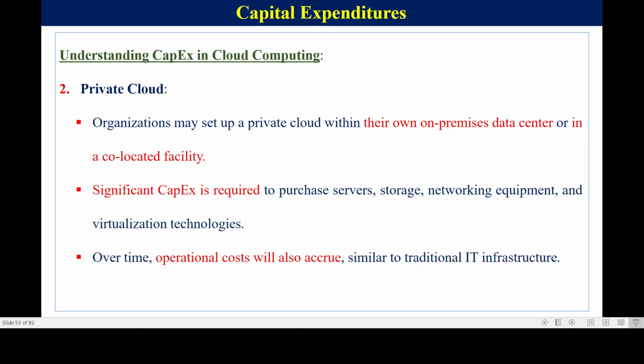Instead of using public cloud infrastructure, they build their own private cloud to have complete control over the data. Capital expenditure impact: a private cloud requires a high initial investment because the organization owns the entire infrastructure. Therefore, high capital expenditure, greater control, better customization, and high maintenance cost.